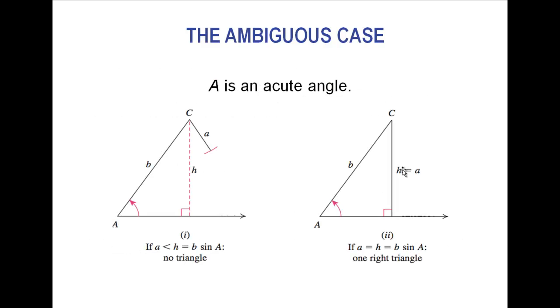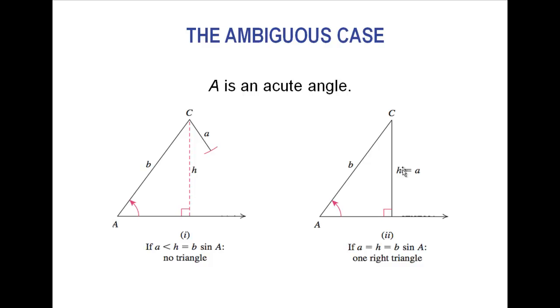Here are our cases. Remember, we know A, B, and angle A. We start with side, side, angle. So we were given A, B, and then the angle A. When we draw the picture and create a right triangle out of it, if the length of A is less than H, which we know is the shortest distance between C and the horizontal axis that's created by the other half of A, then we can't get a triangle.